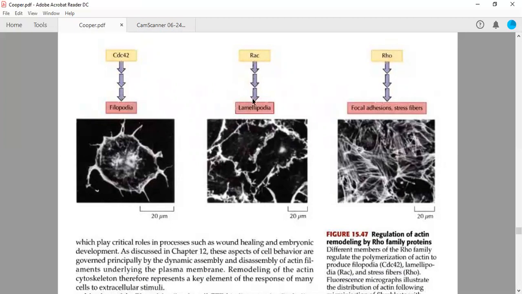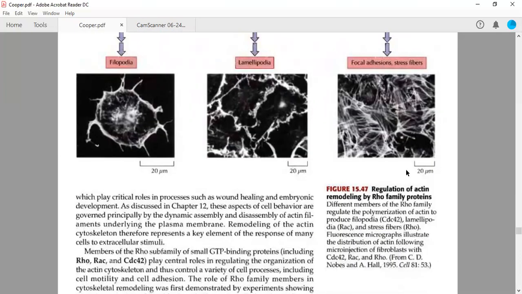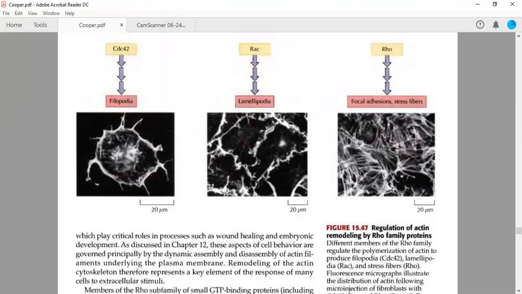Rho, which is also a GTPase or GTP binding protein, is involved in the formation of focal adhesions and stress fibers. Focal adhesions are the points where the cell interacts with the extracellular matrix, and stress fibers can be seen inside the cell cytosol. These are under the control of the Rho family of proteins.